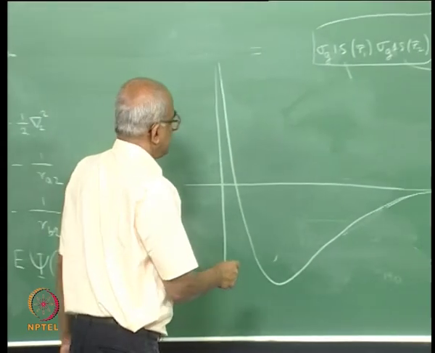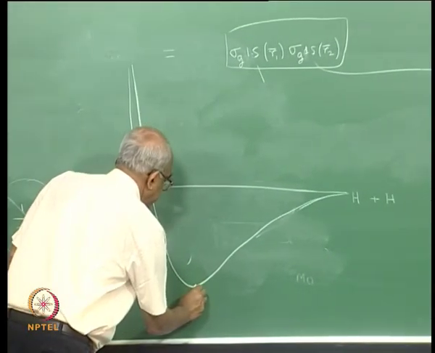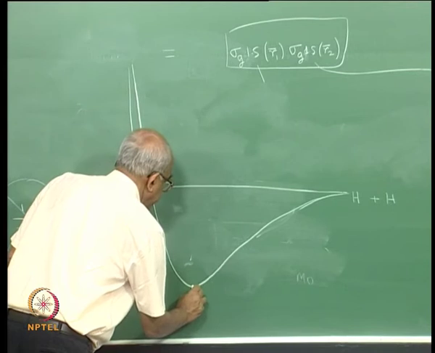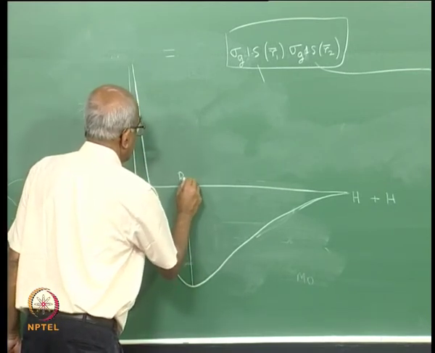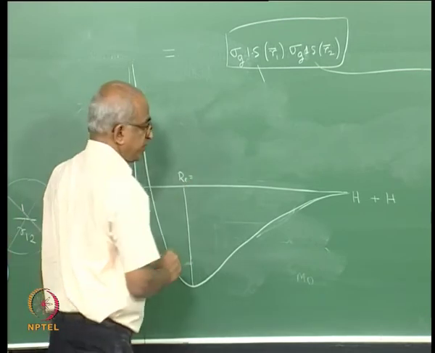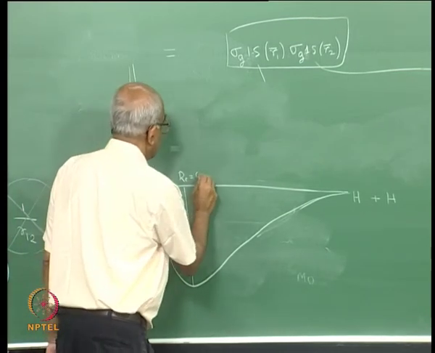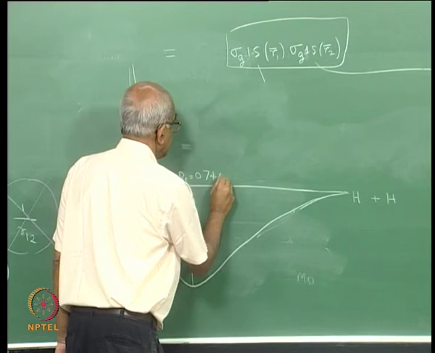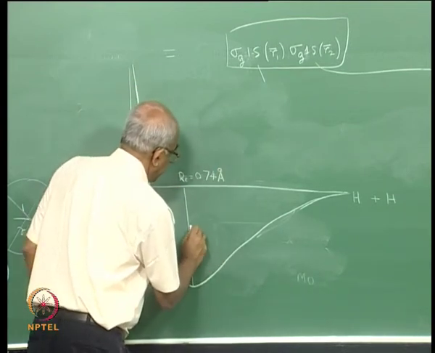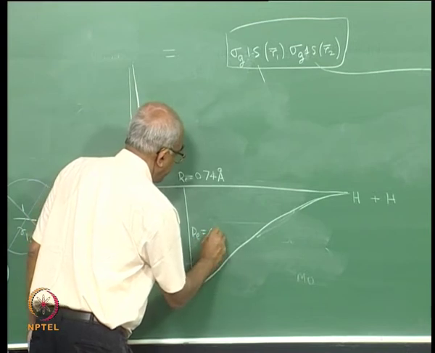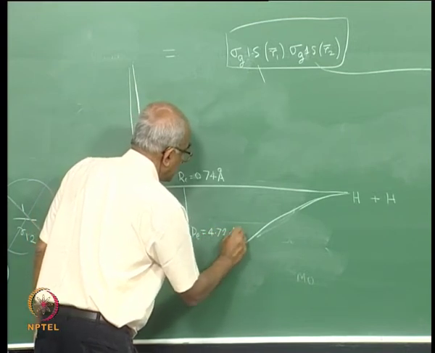And experimentally you can determine the dissociation energy, this height, and also determine R E. R E is found to be 0.74 angstroms, and the dissociation energy D E, experimentally it is found to be 4.72 electron volts.